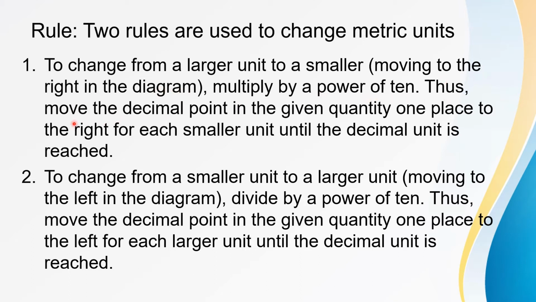Thus, move the decimal point in the given quantity one place to the right for each smaller unit until the desired unit is reached. And to change from a smaller unit to a larger unit, moving to the left in the diagram, divide by a power of 10. Thus, move the decimal point in the given quantity one place to the left for each larger unit until the desired unit is reached. Okay?